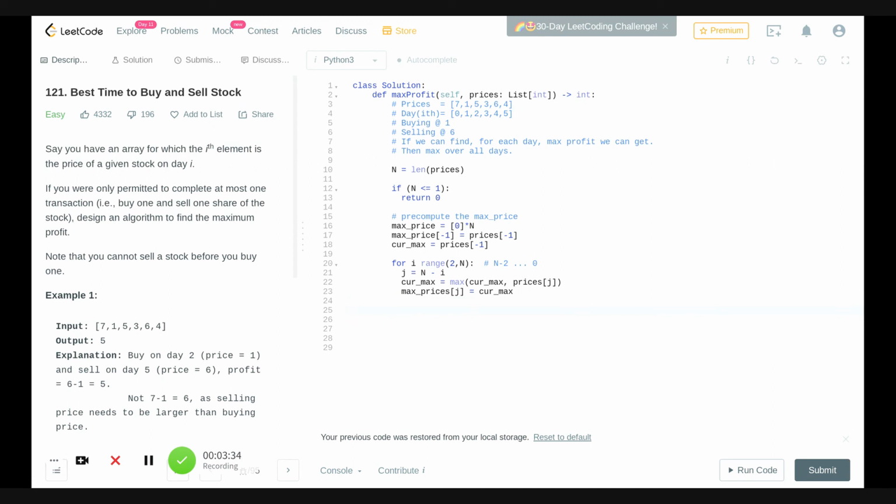And now we just need to have the answer stored as max profit, and we loop over 0 to n, and we assign max profit equals max of max profit, comma, the sell price minus the cost basis. The sell price will be max price of i, and the cost basis will be prices of i.